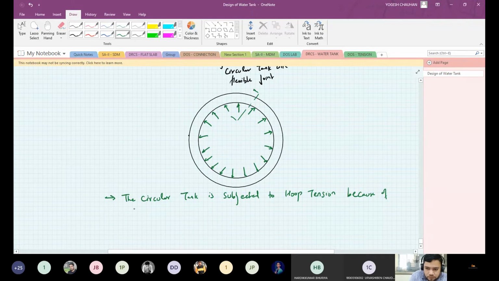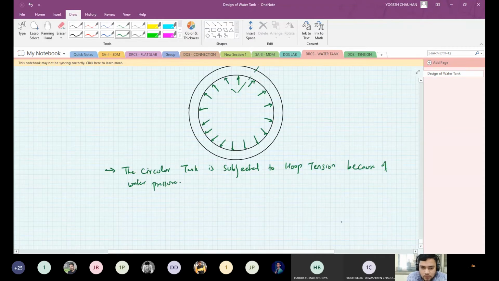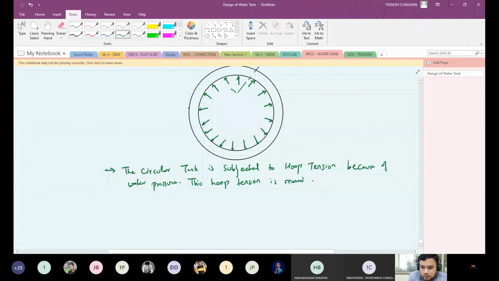And this hoop tension is maximum at the base.